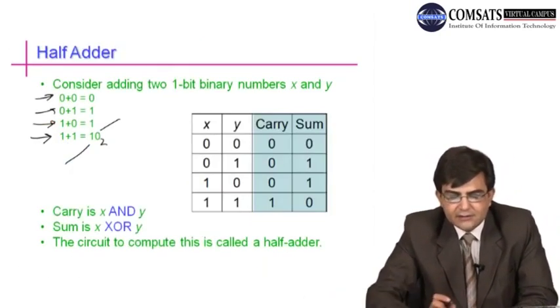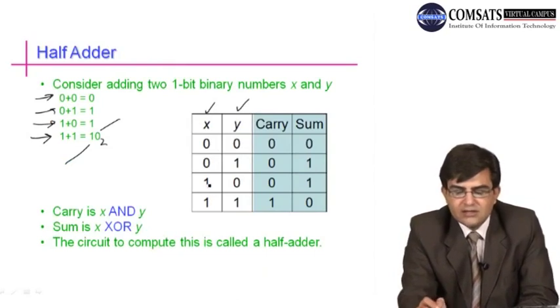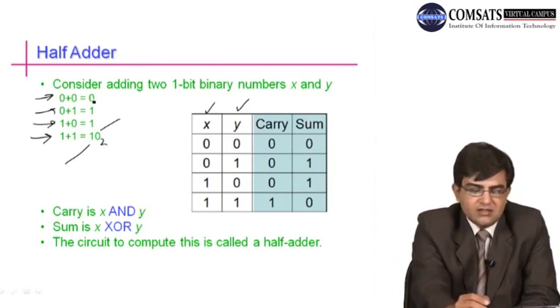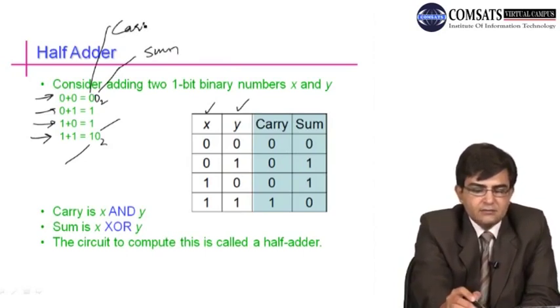Now in the half adder circuit, the inputs x y could be 00, 01, 10, 11, which is false false, false true, true false, true true. When we add up 0 0, we can write it as 00 in binary notation. This is sum, this is carry.